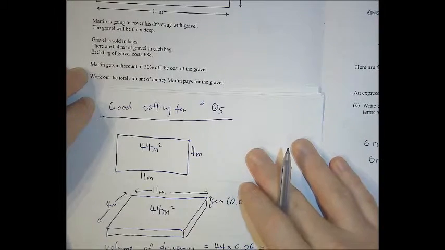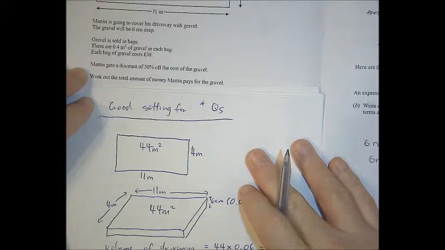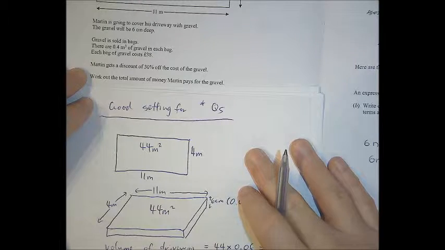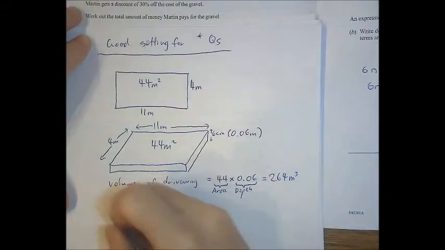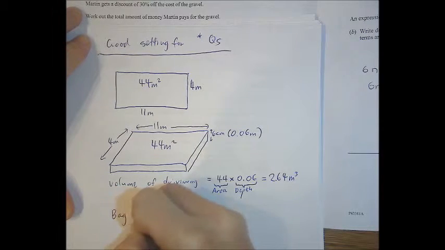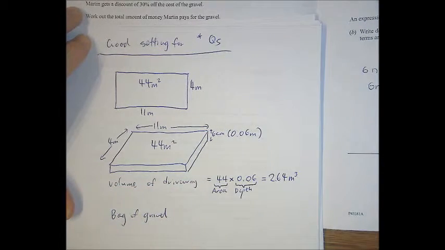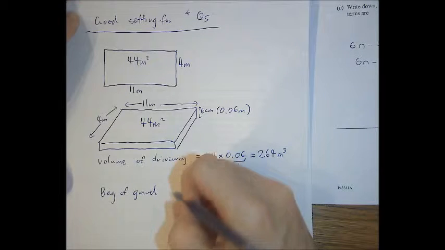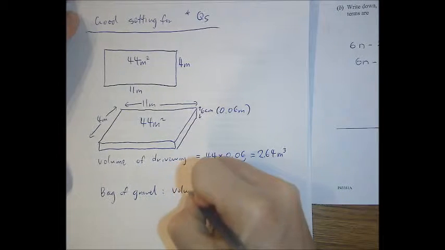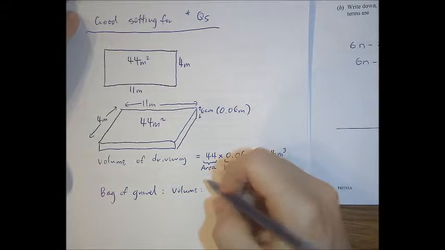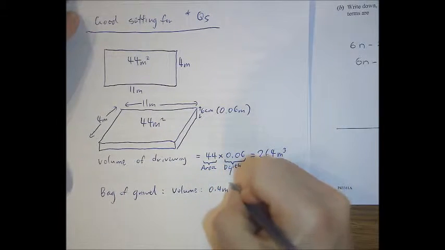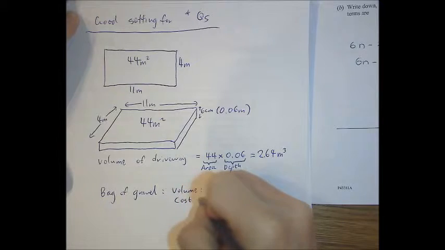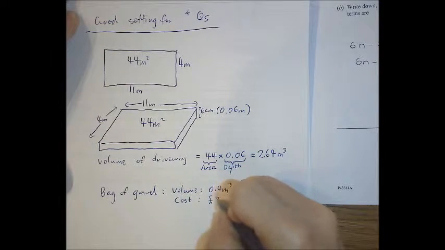The question now says, gravel is sold in bags. There's 0.4 meters cubed of gravel in each bag. And each bag is 0.4 meters cubed, and its cost is 38 pounds.